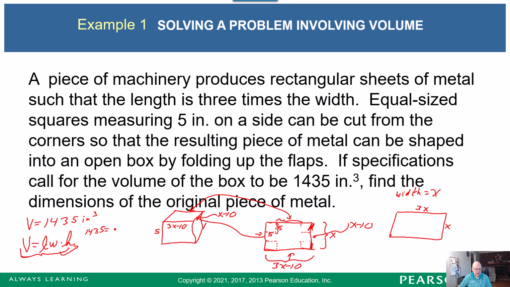The length is going to be 3x minus 10. The width is going to be x minus 10. And the height is going to be 5. And there we've got our formula. So keep that in mind. 1435, 3x minus 10, x minus 10, and 5.